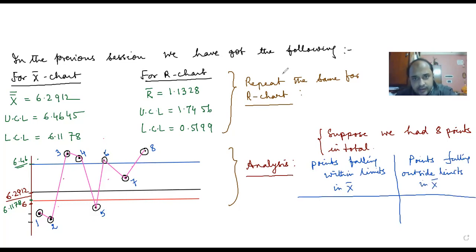What we have seen is, how many points have fallen within limits? 1, 2, 3, 4, 5, 6, 7.